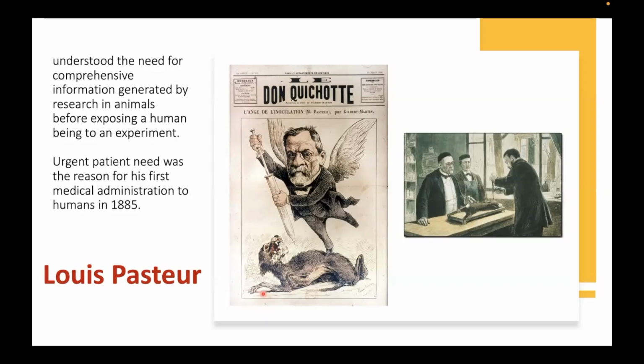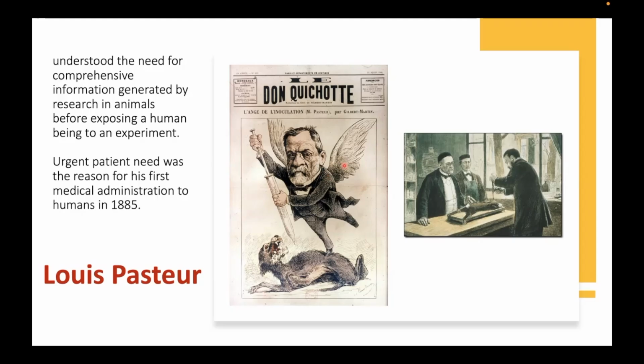Now, Sir Louis Pasteur was studying animals first, and he understood that whatever information he generated from the research he conducted in animals was very important before exposing a human. So it is the concept of performing the test first on animals before on humans.